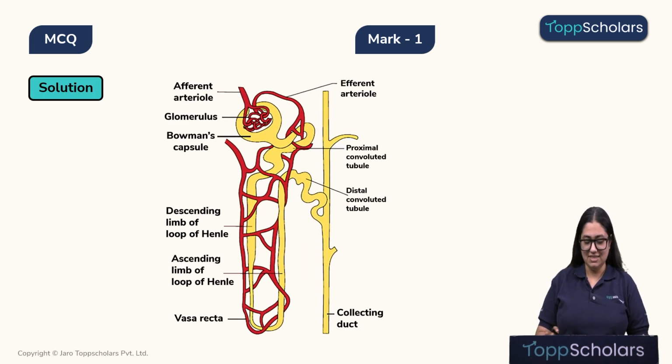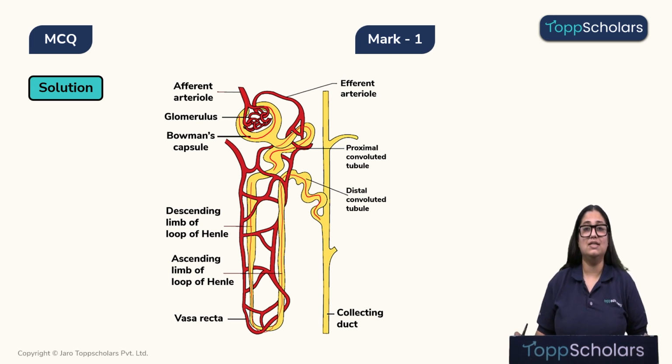So here we can see the entire structure of the nephron, right? Here we can see this cup-shaped Bowman's capsule, and inside this Bowman's capsule we can see the afferent arteriole which is entering and breaking into this glomerulus, right? This convoluted part is the PCT, children. This loop-like structure is the loop of Henle, and the second convoluted part is the DCT.